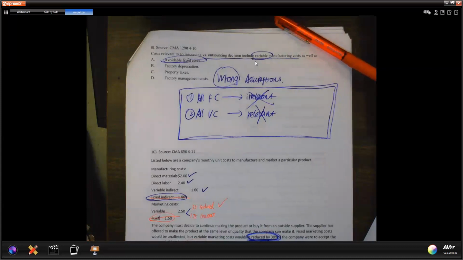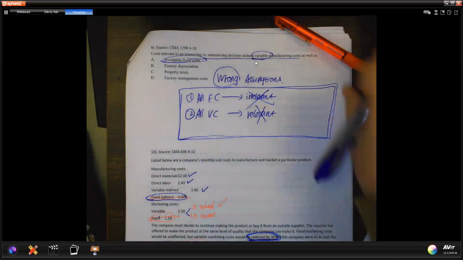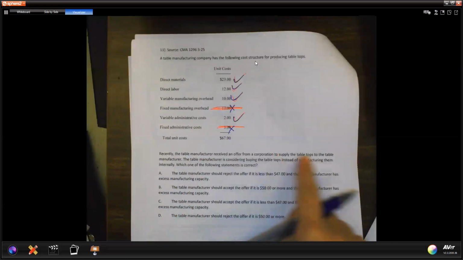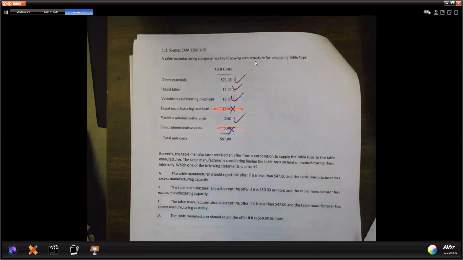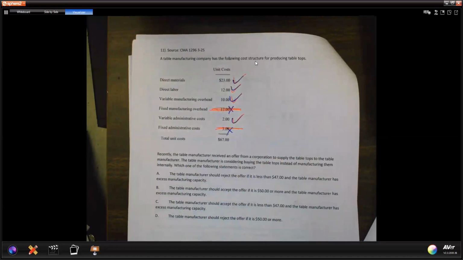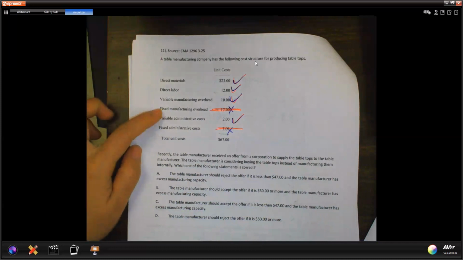But then you will say, professor, that makes things so much harder. How can I solve the problem? If the question doesn't say anything about the fixed cost or the variable cost, then for that specific question you can make the assumption that fixed costs are irrelevant and variable costs are relevant. Like question 10, it didn't tell us that the fixed cost will be saved by 50% or the variable by 20%.